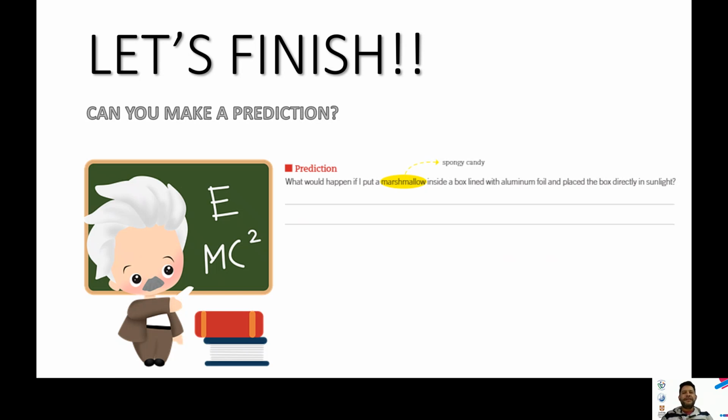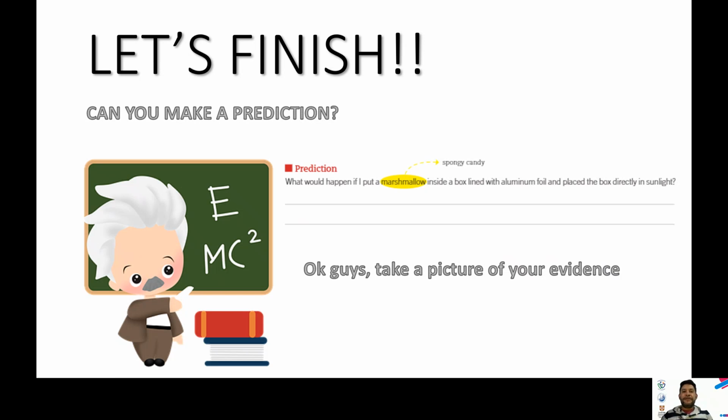We are going to make a prediction, guys. If you don't understand the vocabulary or the ideas, you can use dictionaries or translator. So guys, make your prediction. What do you think?